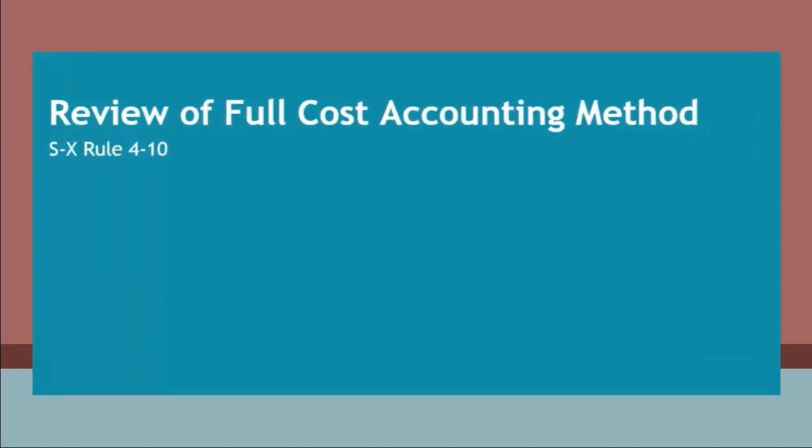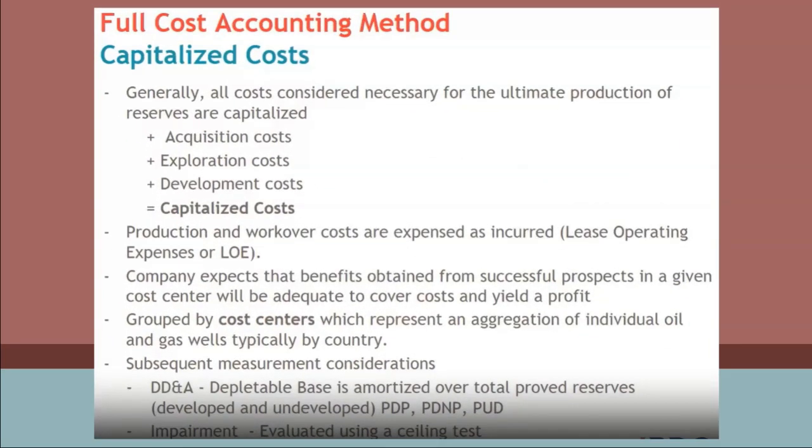So a high-level review. With the full cost accounting method, generally all costs are capitalized and considered necessary for the ultimate production of reserves. So you have a couple different categories: your acquisition costs, exploration costs, and development costs, and these are all considered to be capitalizable costs.